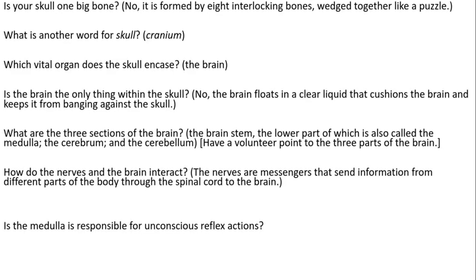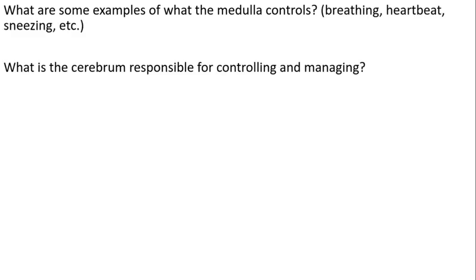It's responsible for controlling unconscious reflex actions, right? Things that you're not thinking about. Your reflexes. What are some examples of what the medulla controls? Your breathing, heartbeat, sneezing, things that you don't get to decide that you're doing, right? Your body just does it.